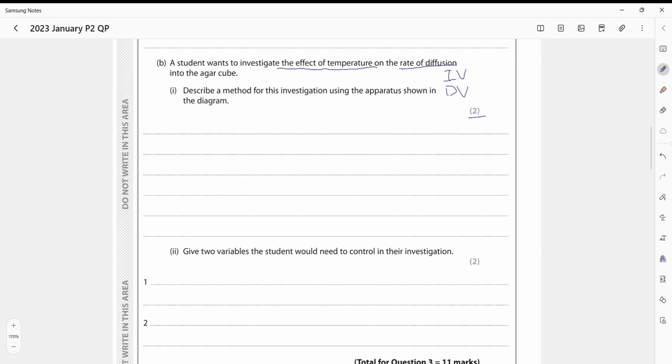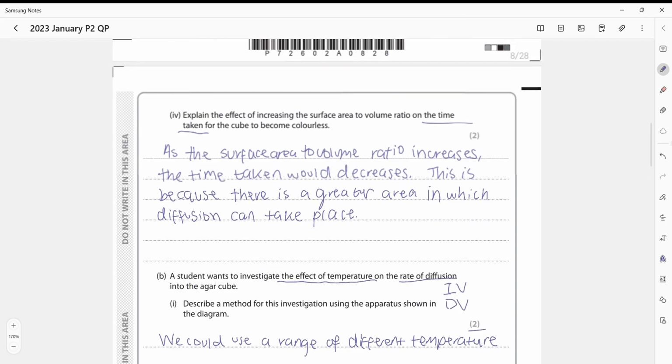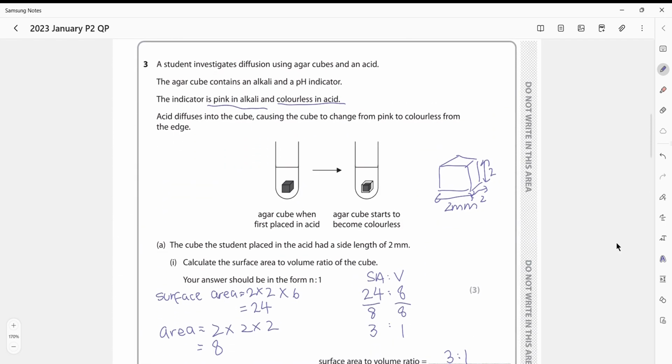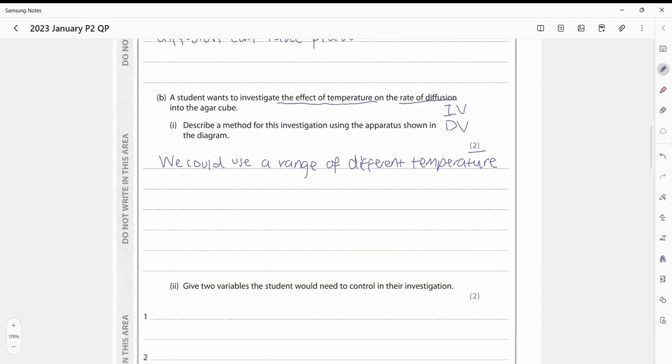Okay. Let me just double check this. Okay, so what's happening is that the acid is diffusing into the cube, so we want to change the temperature of the acid.